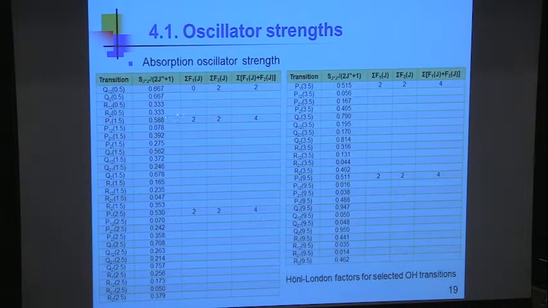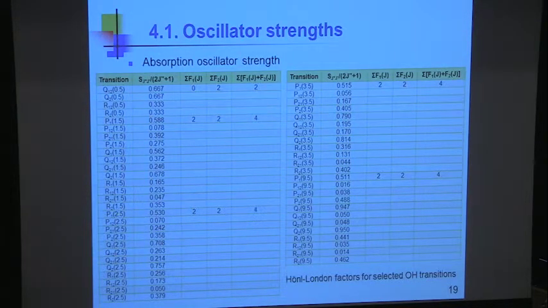And if I add up all the ones from that J of the 1 type, I get 2. And if I add up all these with the 2 type, I get a 2. And the sum is a 4. So these things always add up to 4 because there's 4 states for a given N, a given J. So it all makes sense if you just stick with it. So regardless of the J, here's the J of 2.5.